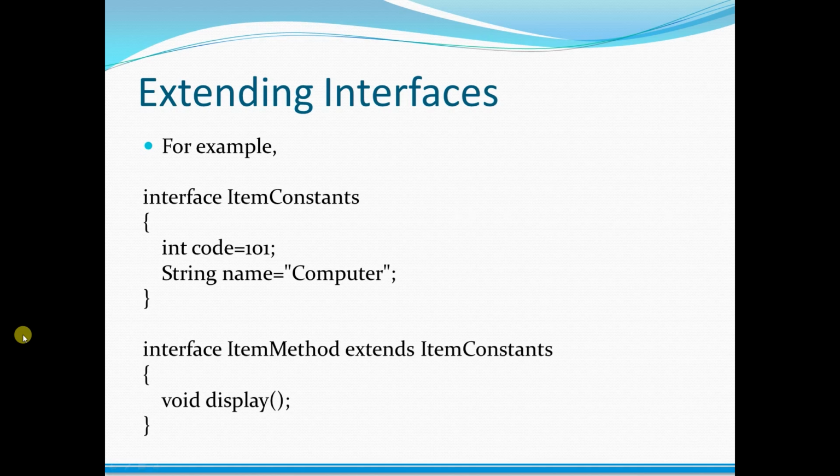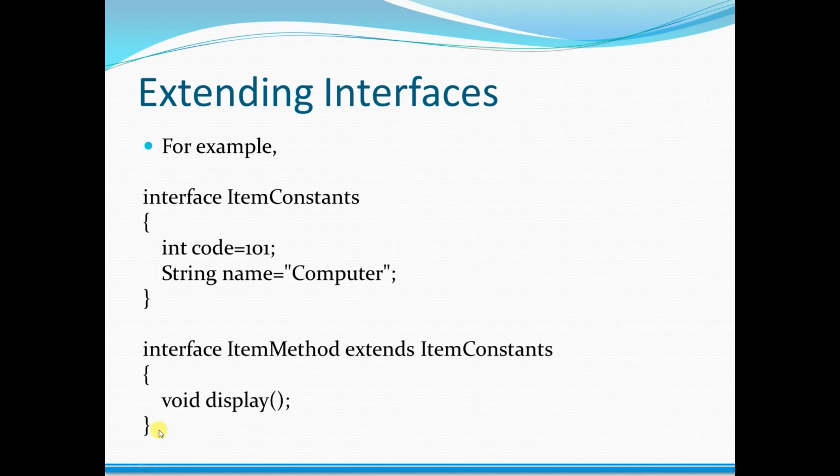For example, here we have the item constants interface. The data members are integer code 101 and string name is equal to computer. Then we have the interface item method that extends item constants, which is previously declared. Here we have only the methods related to the item method interface. Void display is the method.